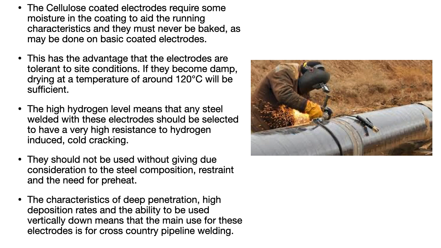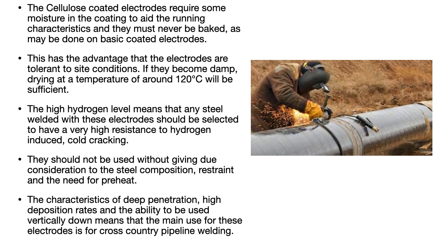The advantage of these cellulose electrodes is that they are very tolerant to site conditions, and for that reason they find wide application in cross country line piping. As you can see, cellulose electrodes are well known for pipe welding.